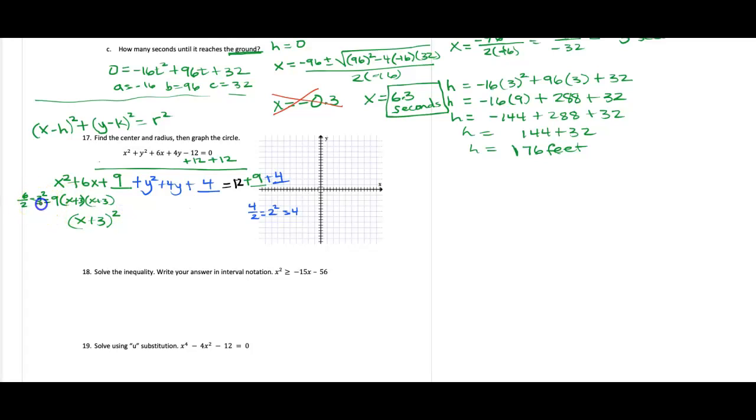Whatever you found half of that middle number to be is always the number you're going to get there. Similarly on this one, half of that is 2, so y plus 2 all squared. And if I add these together, 9 plus 4 is 13, plus 12 is 25.